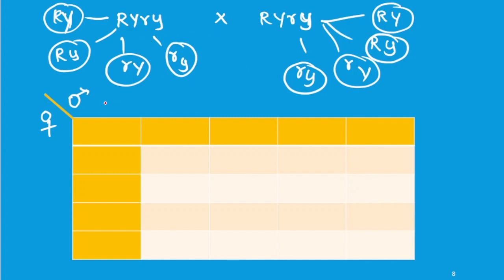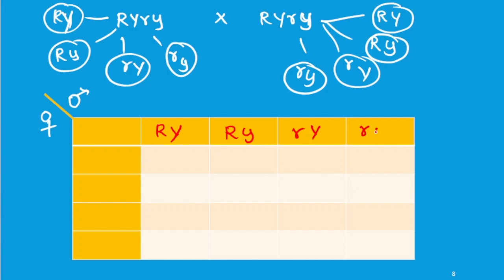Here you will get capital R, capital Y, then capital R, small y, then small r, capital Y, then small r, small y. The same will be filled here also.